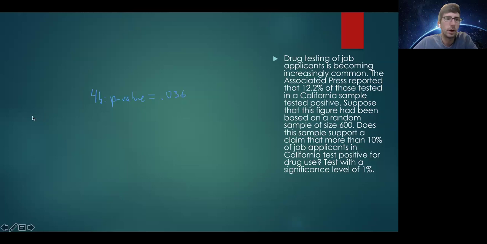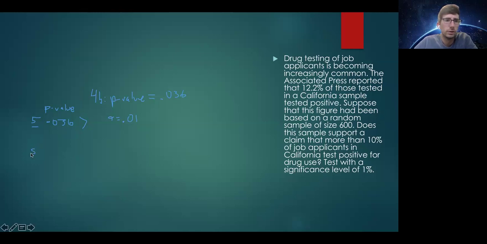So now in step 5, we compare our p-value of 0.036 to our alpha value, which is equal to 0.01. And our p-value is actually greater than our alpha of 0.01, right? Remember alpha, we stated this in step 2. We were told to test with a significance level of 1% or 0.01. Our 0.036 that we calculated is greater than this.